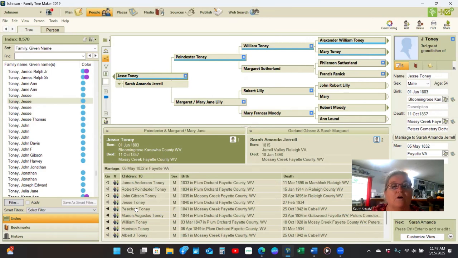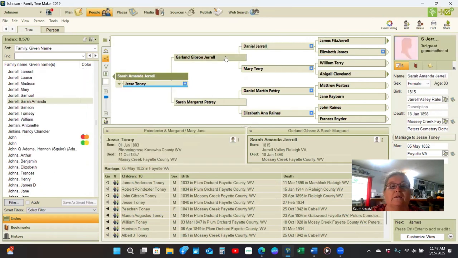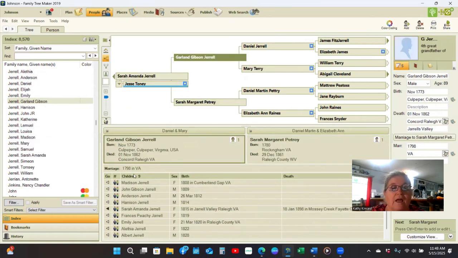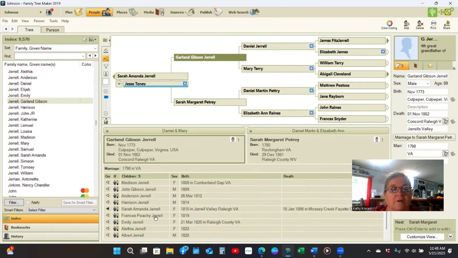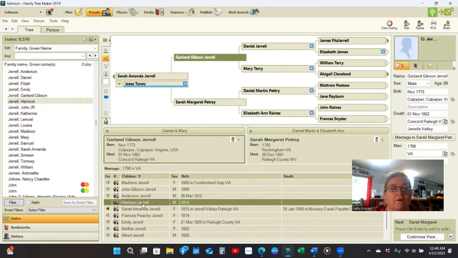Okay, and her parents' name is Gibson and Sarah. So those are correct. That is her name. Now, they had kids, and we have James. Oh, let's see here. We got a James Harrison. There we go, Harrison. Got to put James in front of his name.